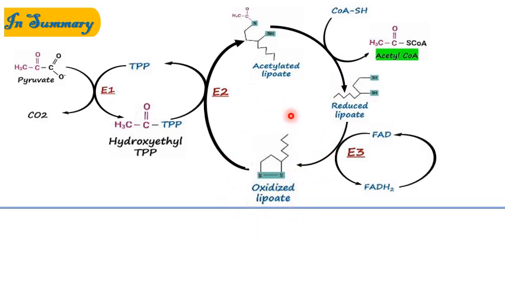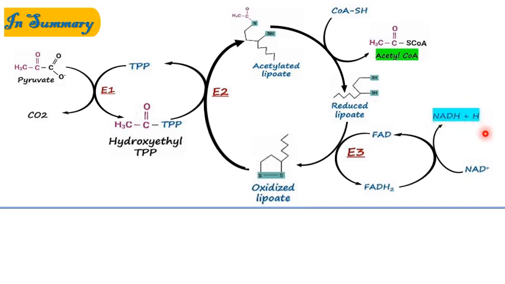Now, after that, the next thing that will happen is that we need to regenerate our FAD. For us to do that, we will need NAD+, and the enzyme that is still doing it is our E3. FADH2 will transfer two hydrogens to NAD+, and when it does, we will now have NADH plus a hydrogen ion.